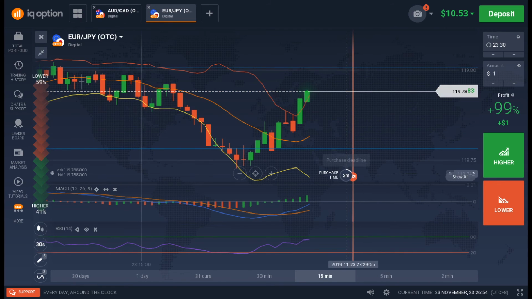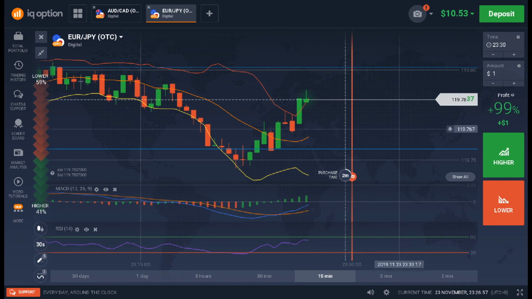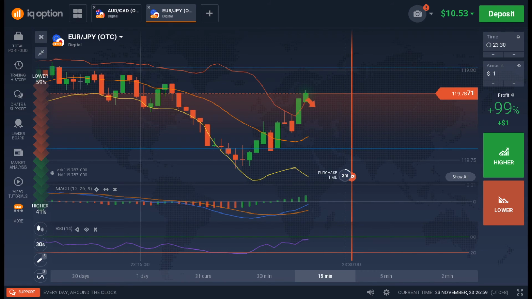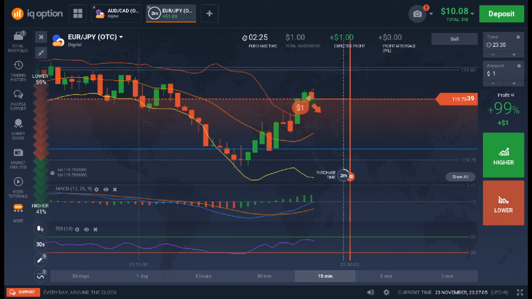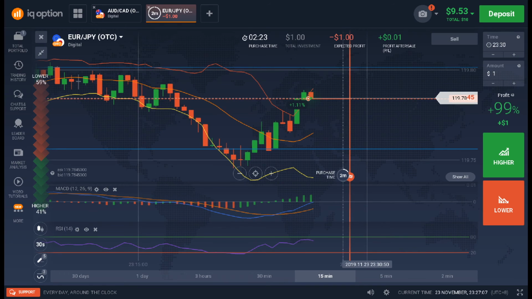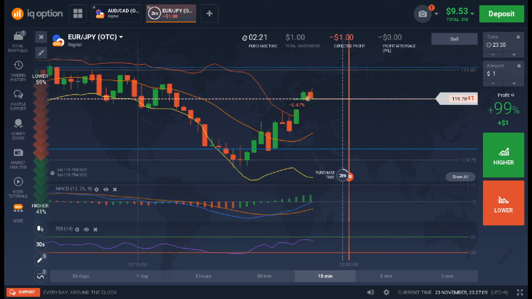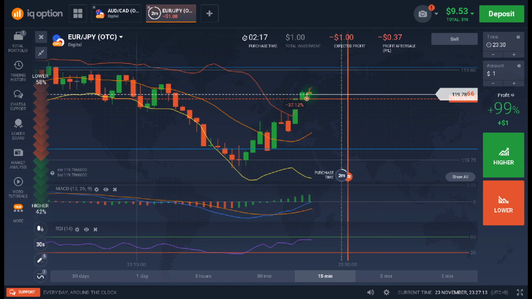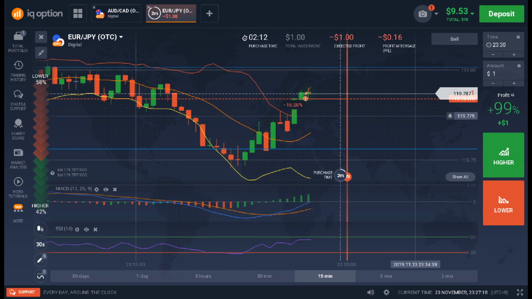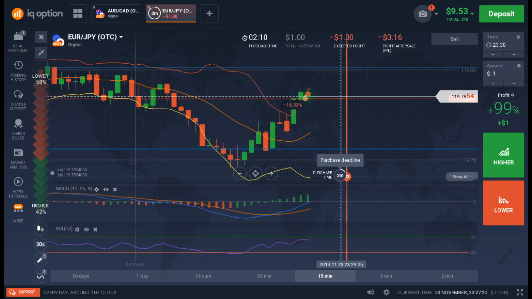It looks like it is now having a hard time. Maybe it will go down, retrace a bit. Just a few cents and I'm good. Oh, darn it. Just a few cents and I'm good, because it's already 2 minutes. Just cannot risk.